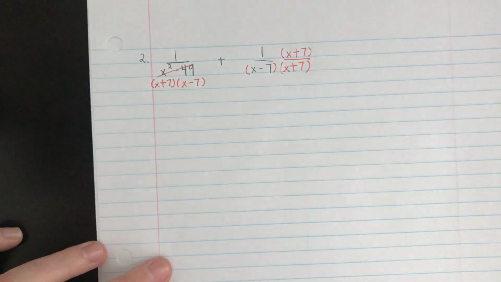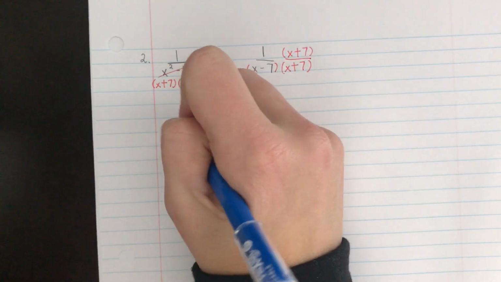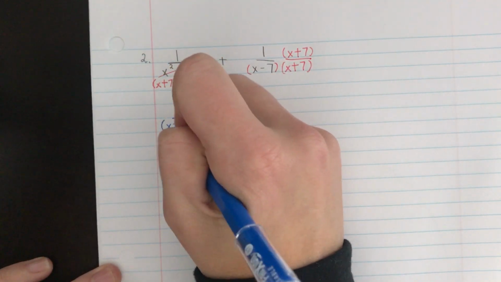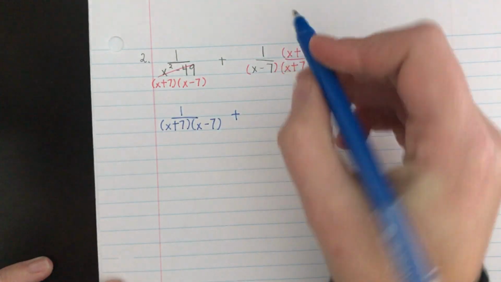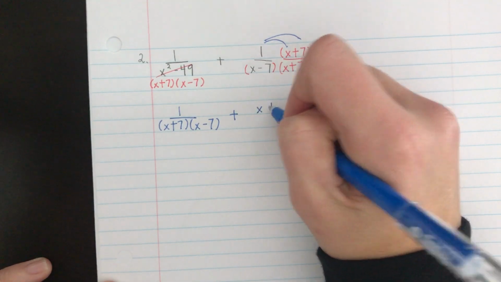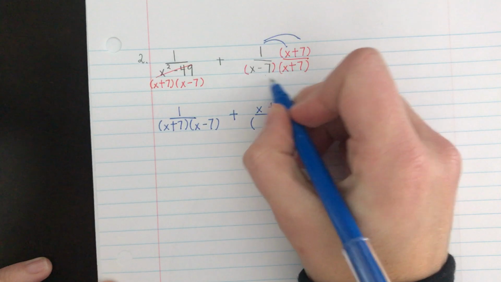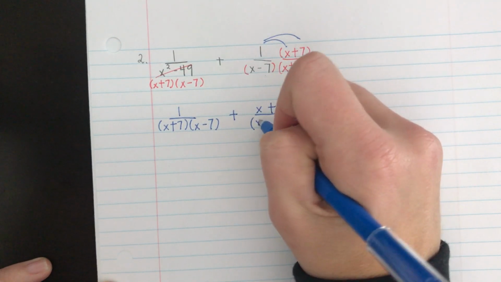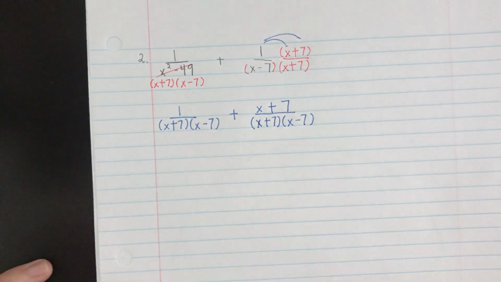So here you have 1 over x plus 7, x minus 7, plus, this distributes, okay, so this would be x plus 7 over, again, I'm going to switch those two because it's legal, x plus 7, x minus 7.